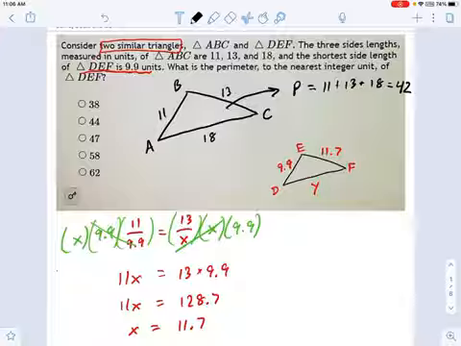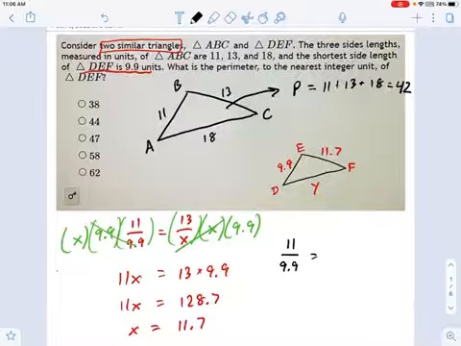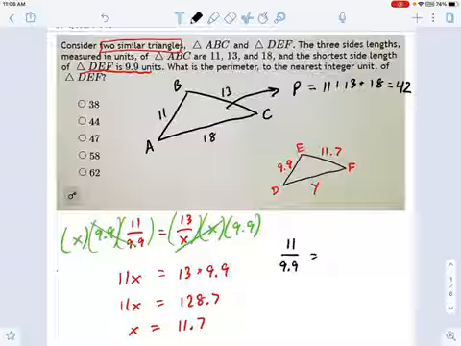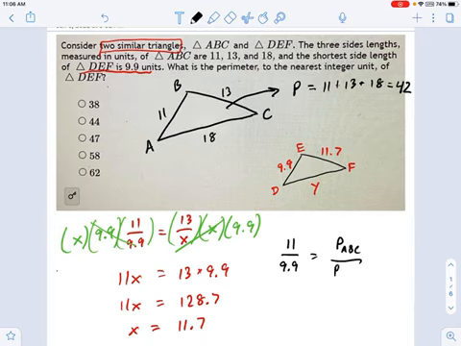You say 11 over 9.9. Okay, that's the ratio of the lengths of the two triangles, equals the perimeter of the first triangle, the perimeter of ABC, divided by the perimeter of the second triangle, DEF. Rewriting that equation, we get 11 over 9.9 equals 42 over the perimeter that I'm looking for.